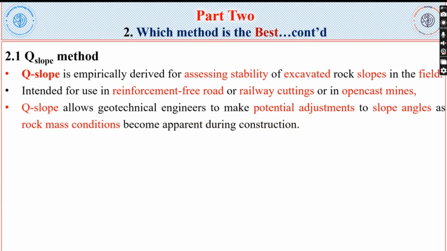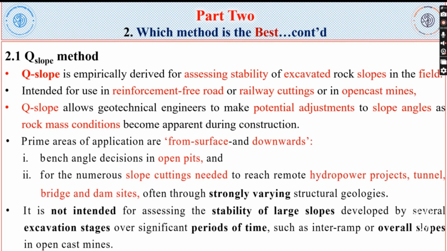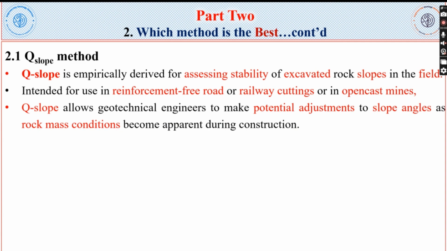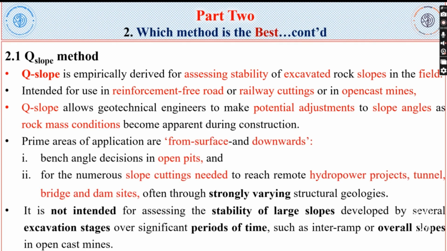At that time, the engineering geologists or geotechnical engineers working on that excavation site can make potential adjustments to slope angles to create long-term stable slopes by employing the Q-slope method. In this regard, the Q-slope method is very useful for site engineers.